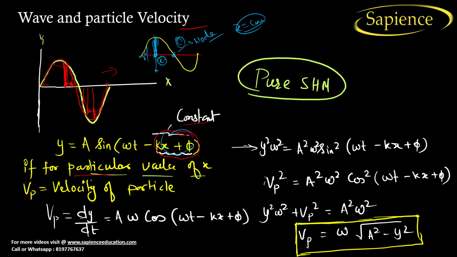Now for a particular value of x, vp is the velocity of the particle, which can be written as dy by dt. If we differentiate it, we get a into, this is a variable term, so it comes outside, and sine differentiation is cos omega t minus kx plus phi. I hope you have understood.